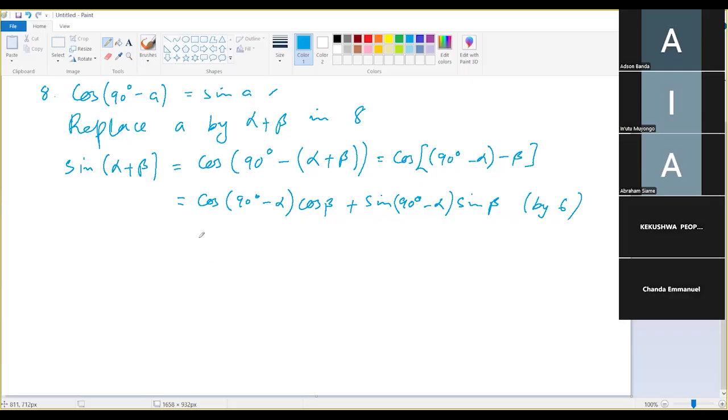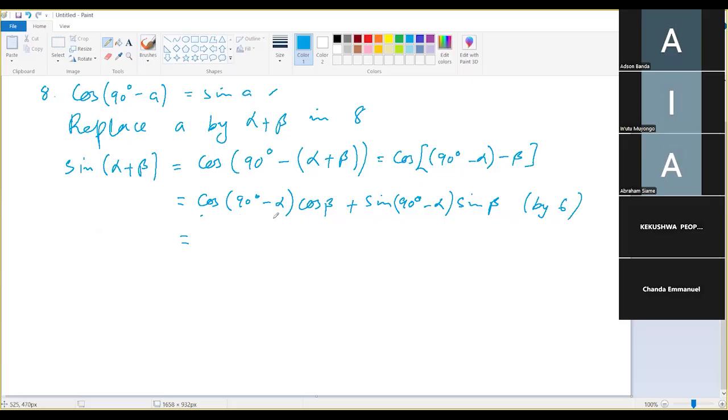And so now we can simplify what we have. So the cosine of 90 degrees minus alpha, we saw in identity number 8, that this will just be sine alpha.